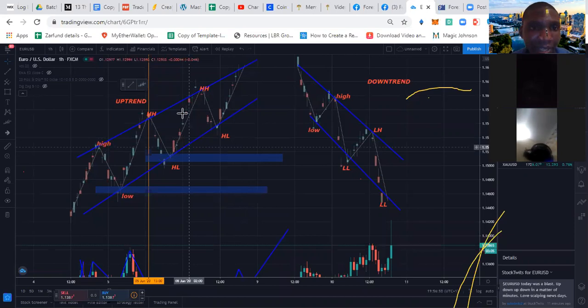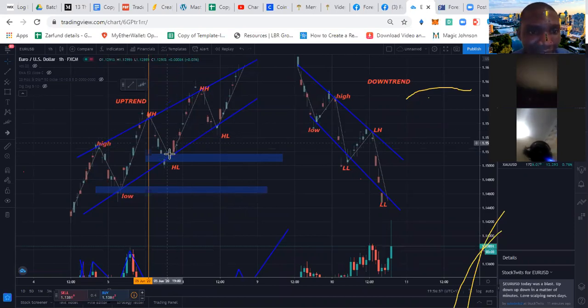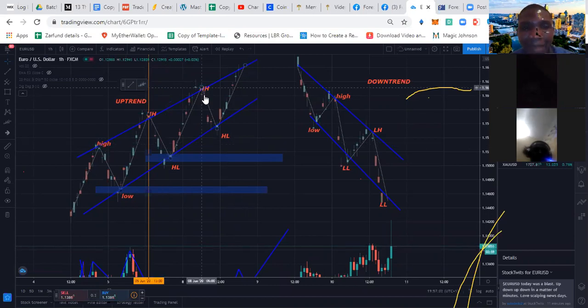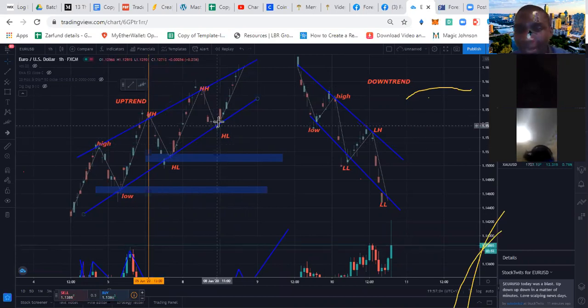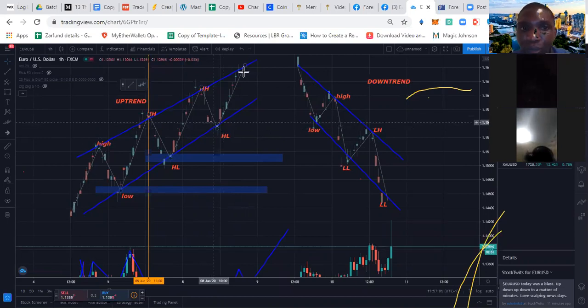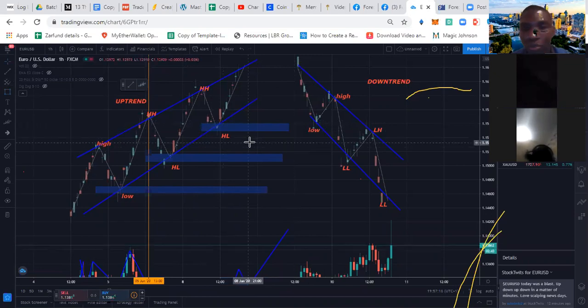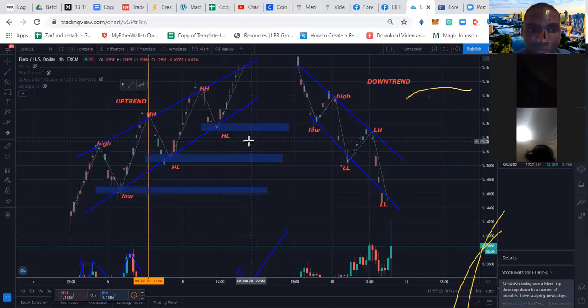Now, in this case, you see that price moved up from here again, from this recent low, up here, and then it pulled back again, and then it moved to another high. So now that it moved to another high, this becomes the new structure. All right. So this is the way it will be.